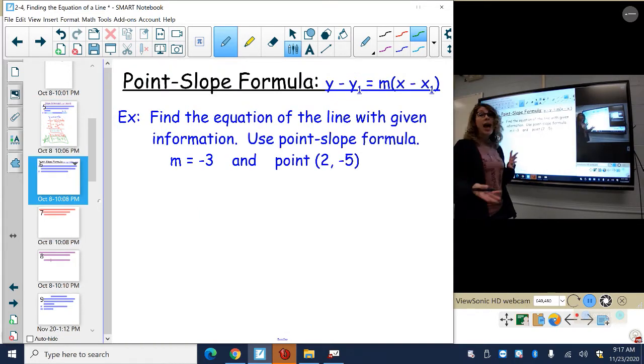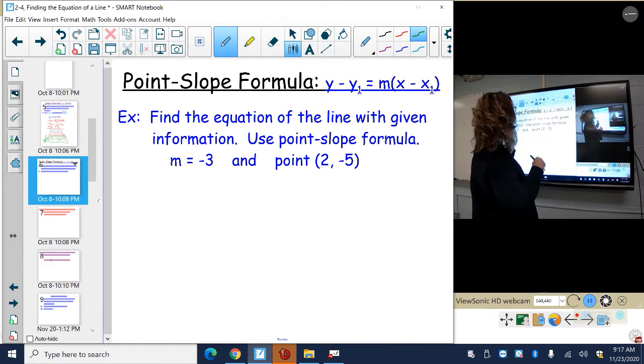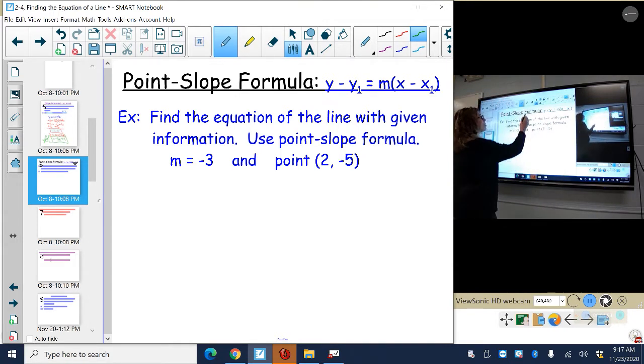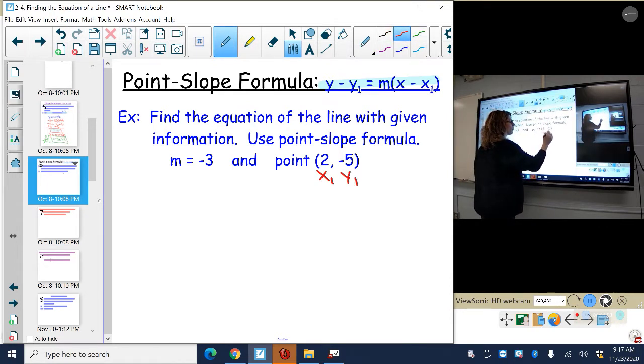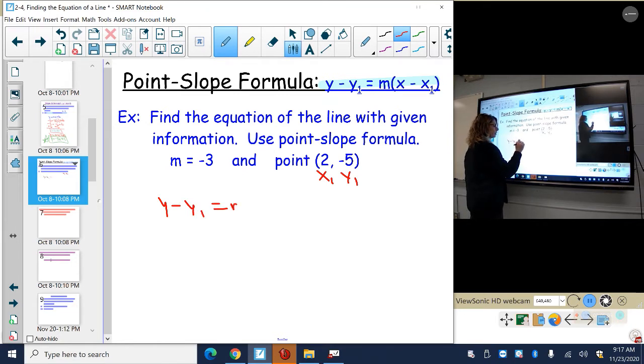So let's do the exact same problem, this time with the point slope formula, okay? So we're going to be utilizing this formula. And when you utilize that formula, the directions say to label your point x1, y1. So if I'm labeling my point x1, y1, that means I'm now going to write my formula.